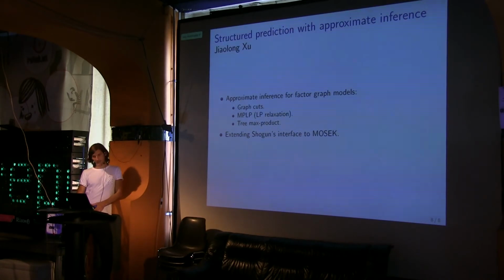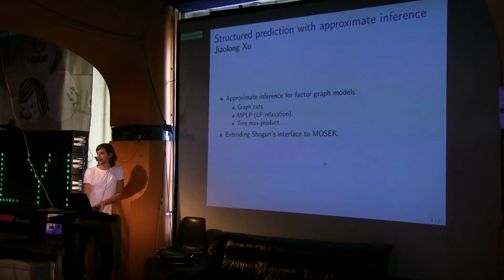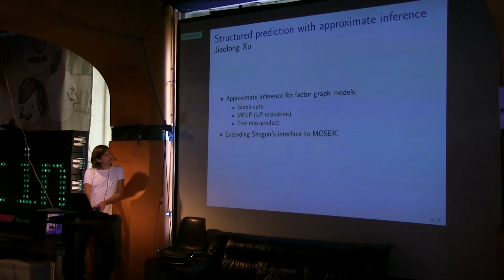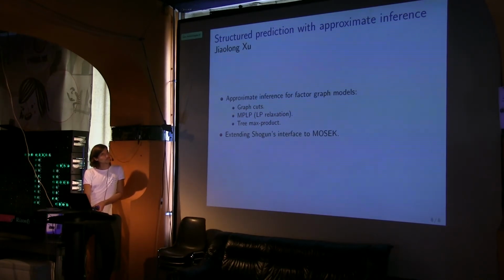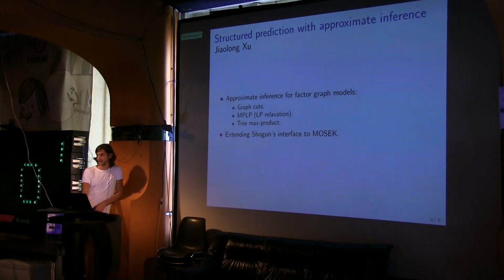He was also extending the Shogun interface to the Mosek solver because we had to introduce some additional constraints to ensure the submodularity conditions in the optimization problem. This was a lot of work, and we now have great things to scale more because we don't have to solve it exactly anymore.